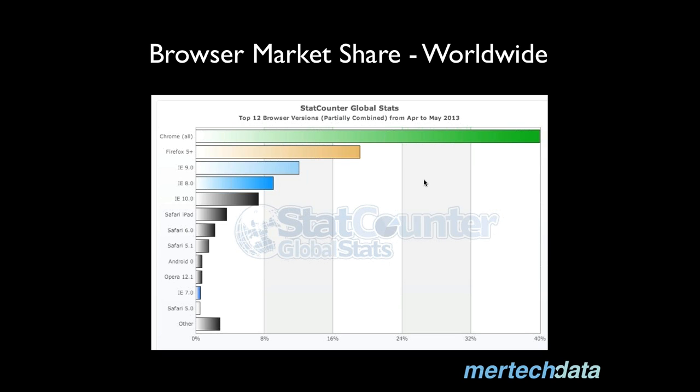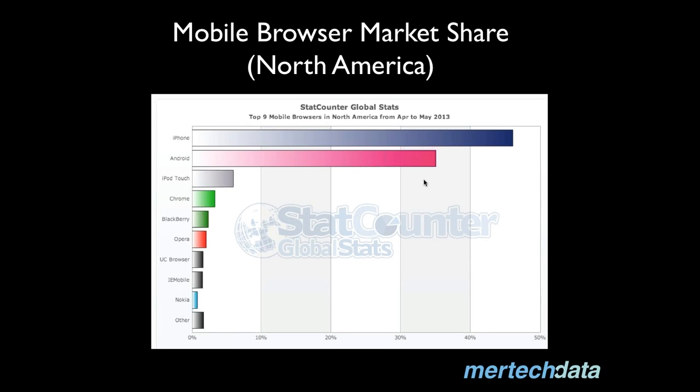When you look at the mobile browser market, there's an interesting blip here. In the United States, StatCounter shows somewhere around 46% of the browser market is owned by the iPhone, with 35% or so being Android, and then down from there. In fact, the iPod Touch would add on to the iPhone there, so you'd end up with an even higher percentage, with IE being a very, very small percentage, and Chrome also being small.